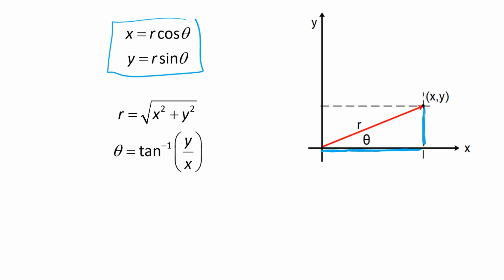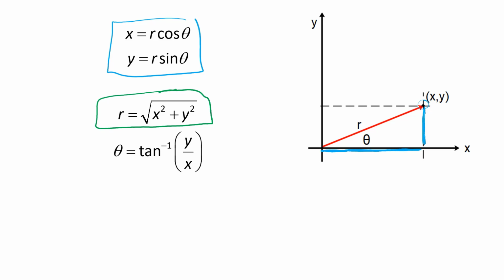So if we were plotting the ordered pair, we'd go out x units and up y units and plot our ordered pair right there. That gives us a right triangle whose hypotenuse is r. So basic trig gives us these conversions. And then this is really just the Pythagorean theorem, where the hypotenuse is the square root of the sum of the squares of the legs.